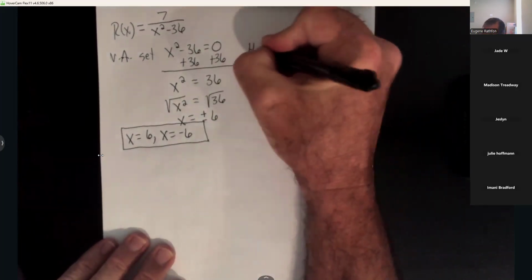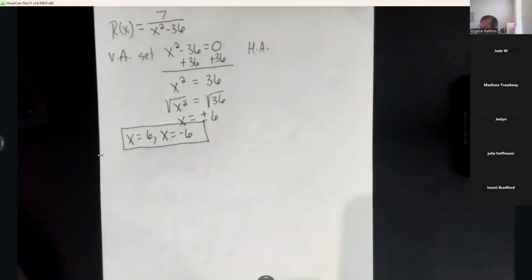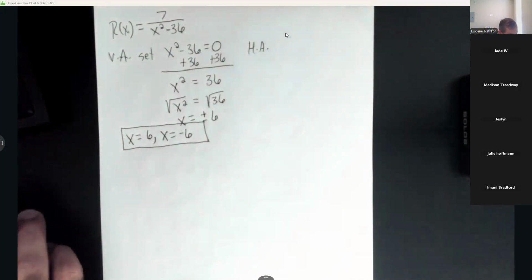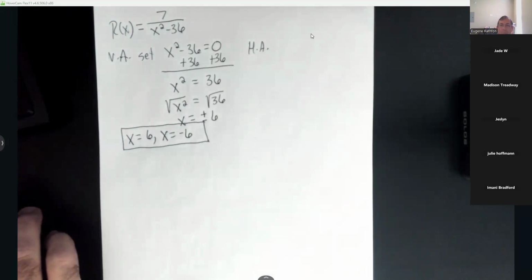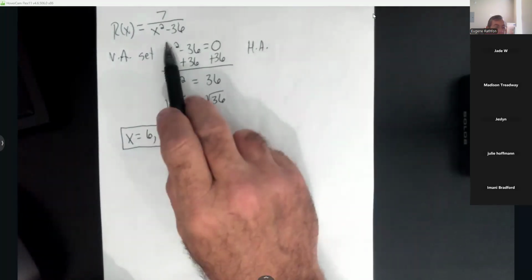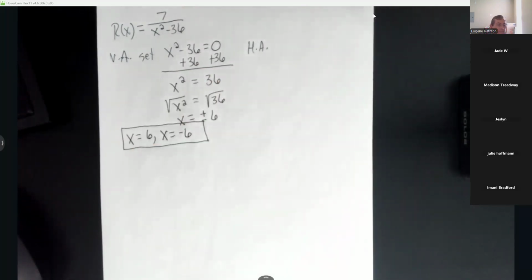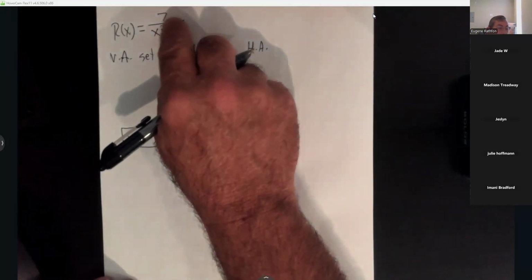So then my horizontal asymptote. So for the horizontal asymptotes, I got to decide if it's got a higher degree on top or does it got a higher degree on bottom. So y'all, what do y'all think? Does this function got a higher degree on top or a higher degree on the bottom? Now just remember, I'm looking at exponents. So this is sort of tricky.